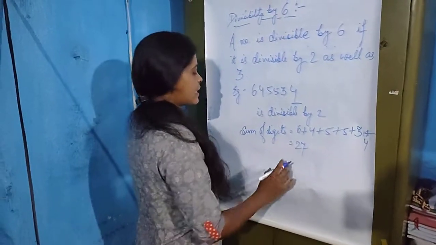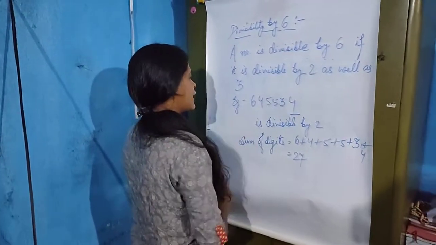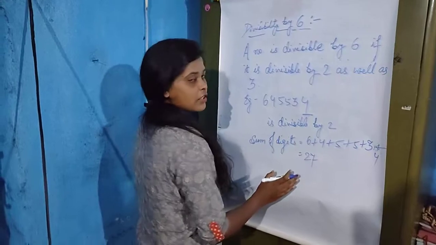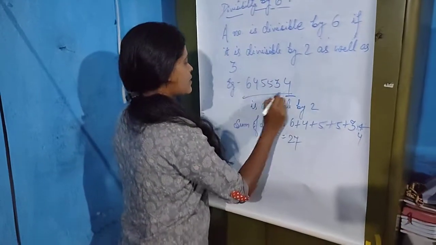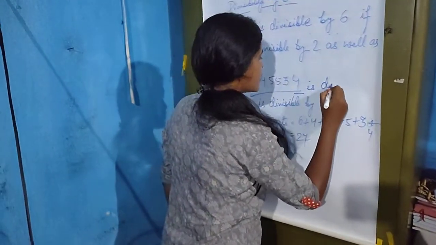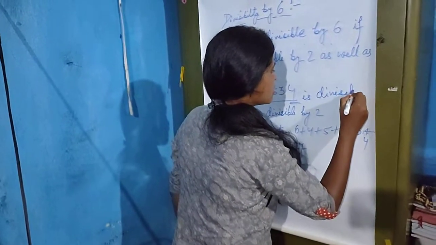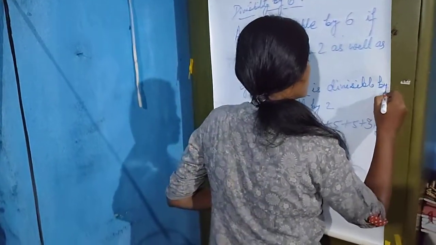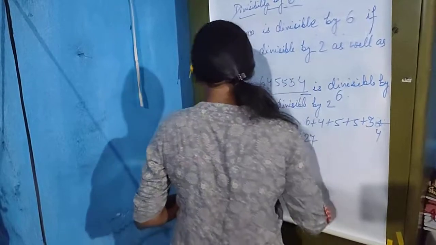So you can see that 27 is divisible by 3. So both conditions are fulfilled. So that is why this number is divisible by 6.